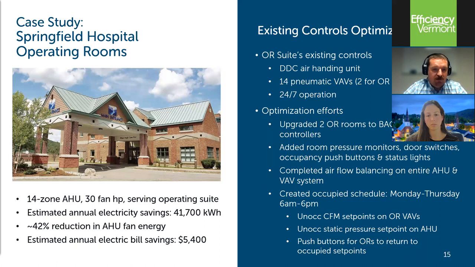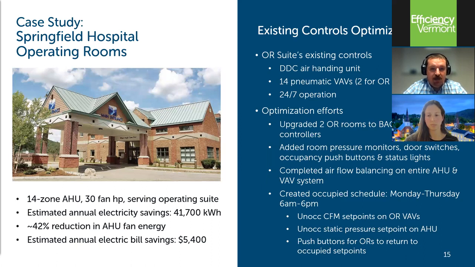Now, being an operating room, obviously we have emergencies come up, and when they had to do procedures, the staff was trained on how to get the system back into an occupied state. So there were red and green LED lights that would indicate whether the room was occupied or unoccupied.